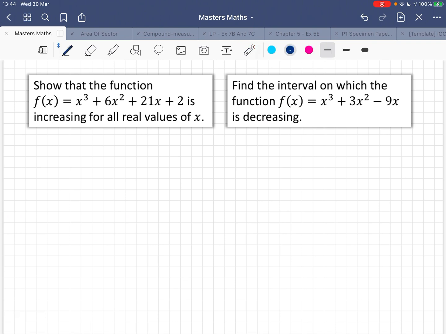So have a look at some examples here. We've got to show that the function f of x is x cubed plus 6x squared plus 21x plus 2 is increasing for all real values of x. The first thing we want to do is differentiate it, so we have the gradient function, because what we're interested in is where the gradient is positive, or negative if it was decreasing.